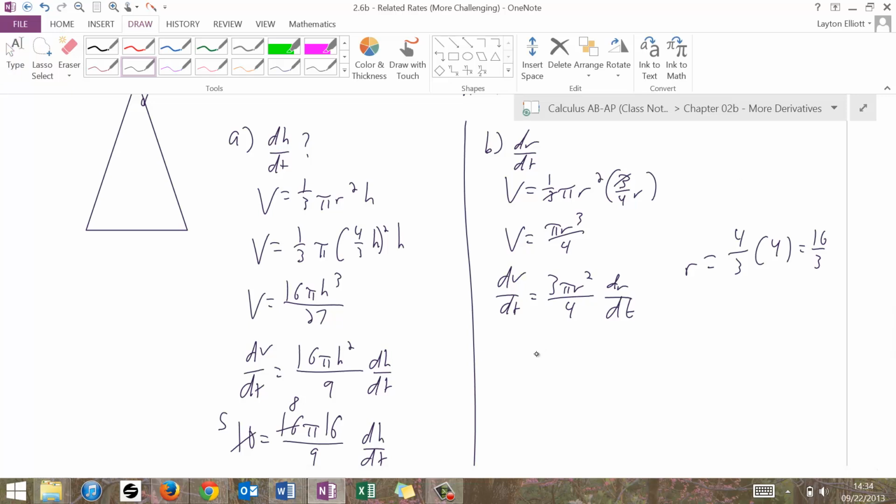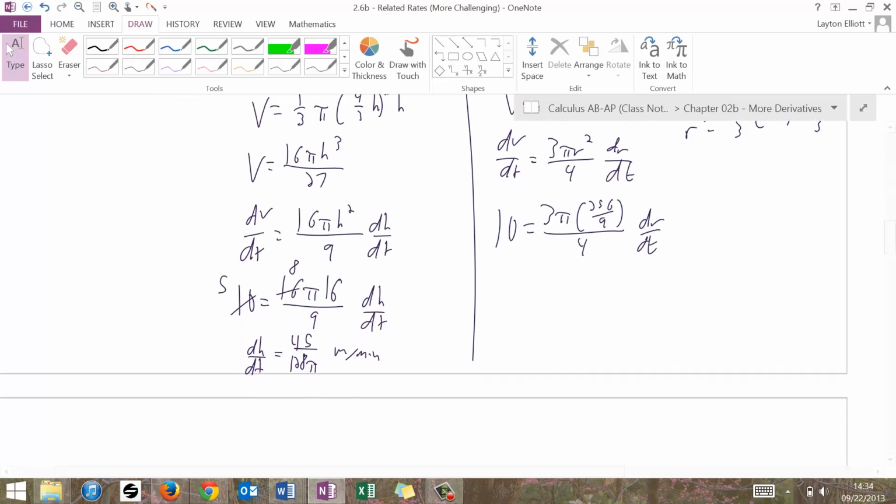So plug that in along with everything else. dV/dt is 10. 3 pi (16/3) squared is 256/9, over 4 dr/dt. 3 and 9 can cancel to 1 and 3. 4 and 256 cancel into 64. And then 64 and 10 cancel into 5 and 32.